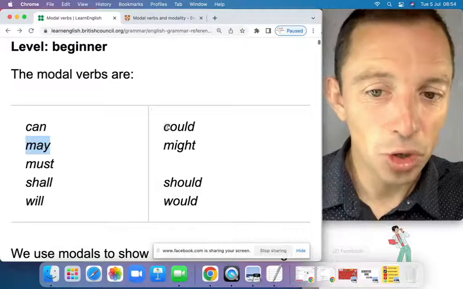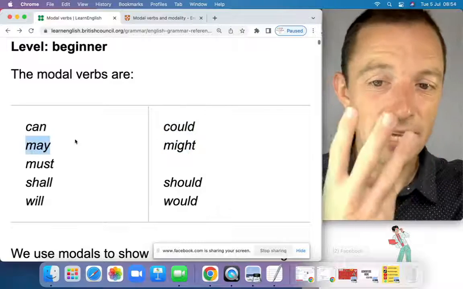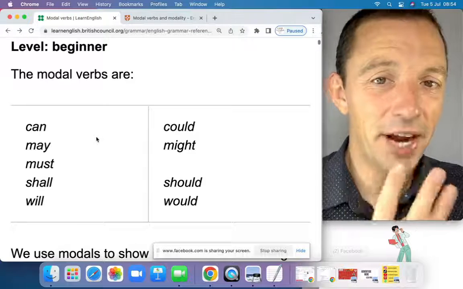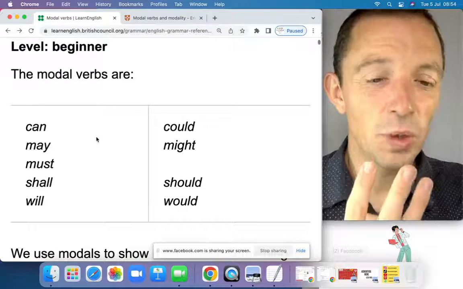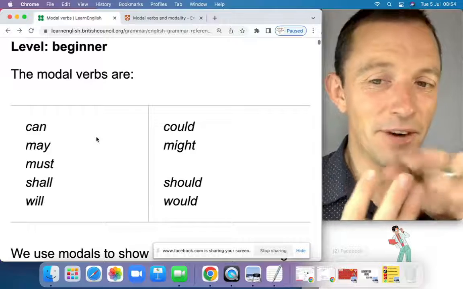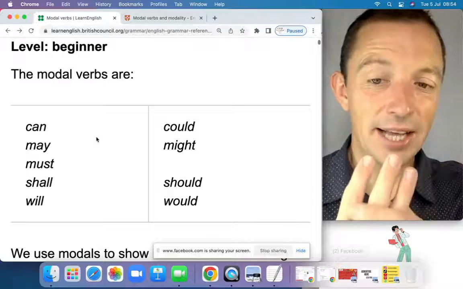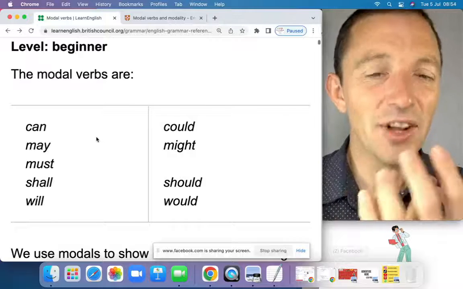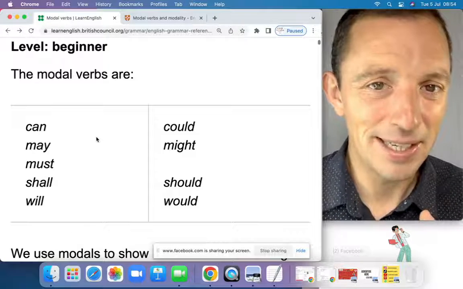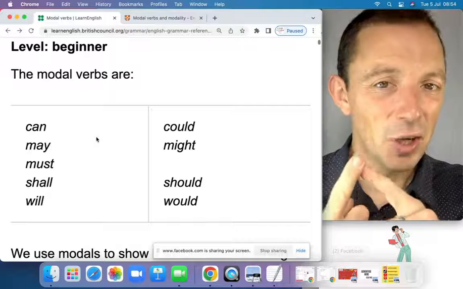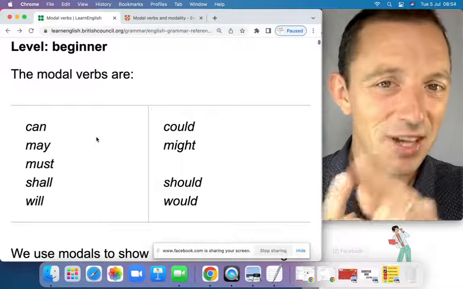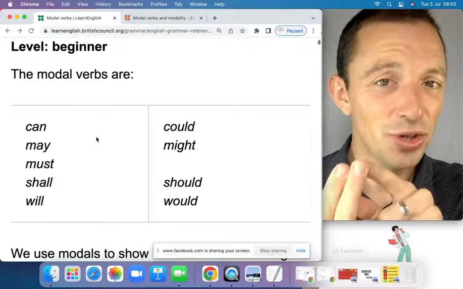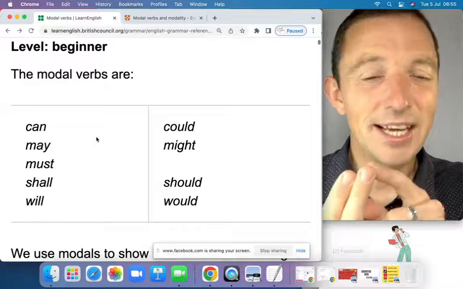May, could, and might, the three verbs are very, very similar. We generally use them very similarly, and the three verbs have the significance in the context of possibility. I may go to the cinema. It's a possibility, it's an option. I could go to the cinema. Exactly the same.